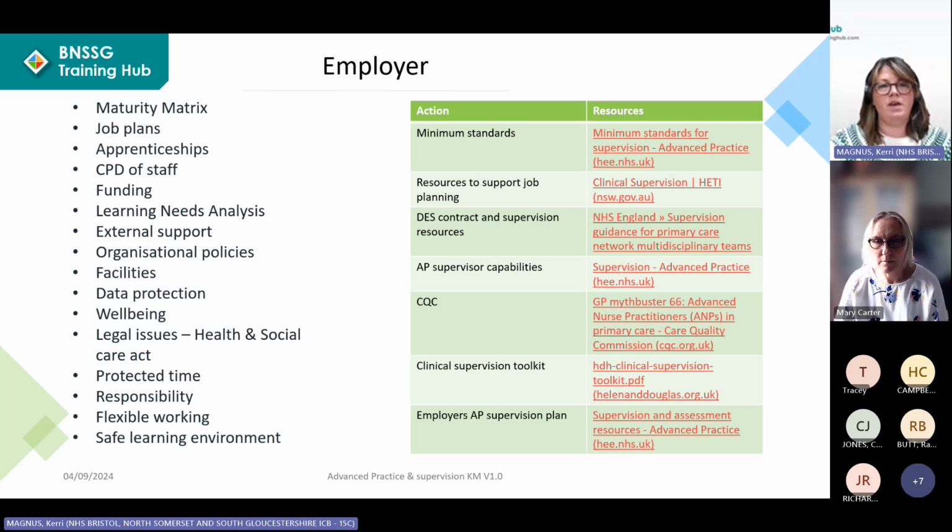As an employer, employers need to complete something called a governance maturity matrix. This is an overview of where the practice sits with regards to its leadership, clinical work, research, supervision, and workforce planning.